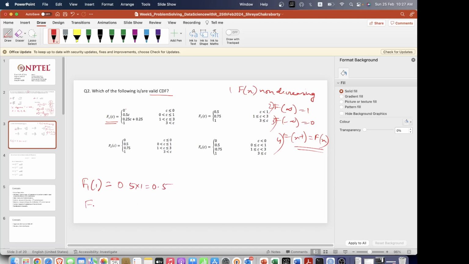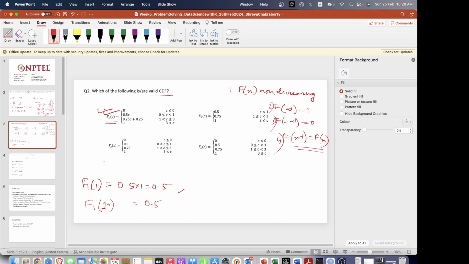And F1 of 1 plus, that is also 0.5. So this is right continuous. So this CDF is a valid one.